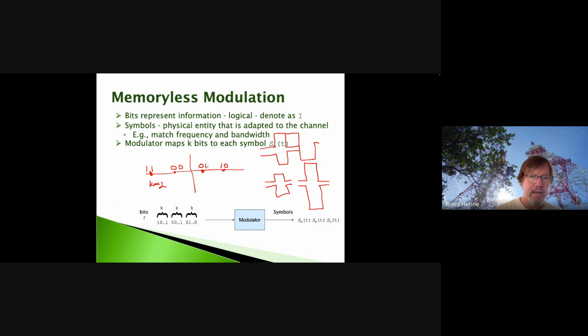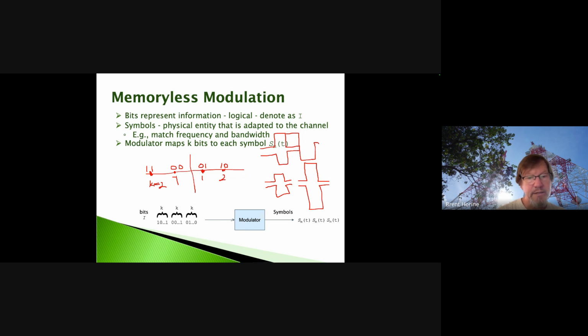And now, let's say this is 1 volt and this is 2 volts, and these would be negatives, right? If at the receiver I see a positive 1 volt, then I know that corresponds to bits 0, 1, right? So if I have a grouping of bits 0, 0, then I send out a -1.